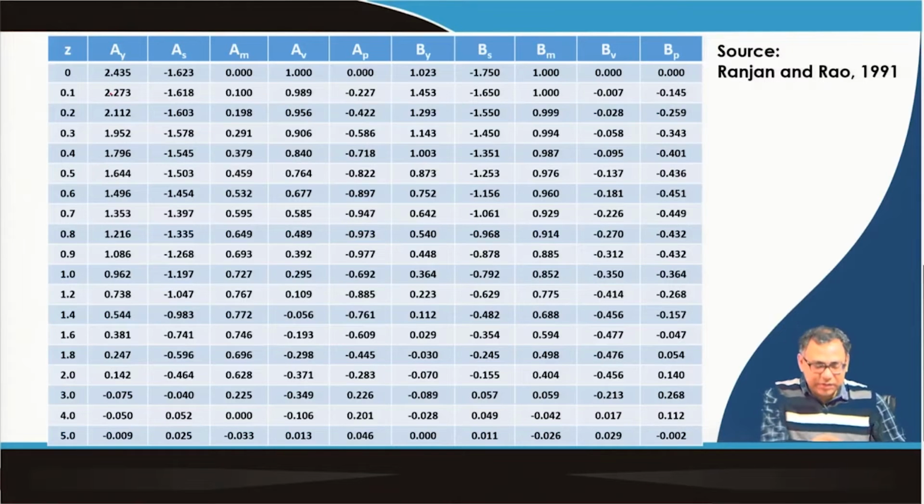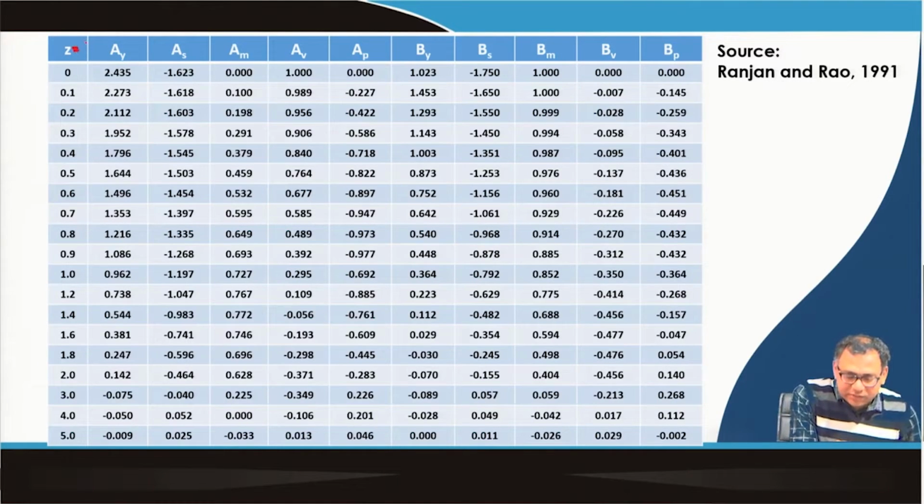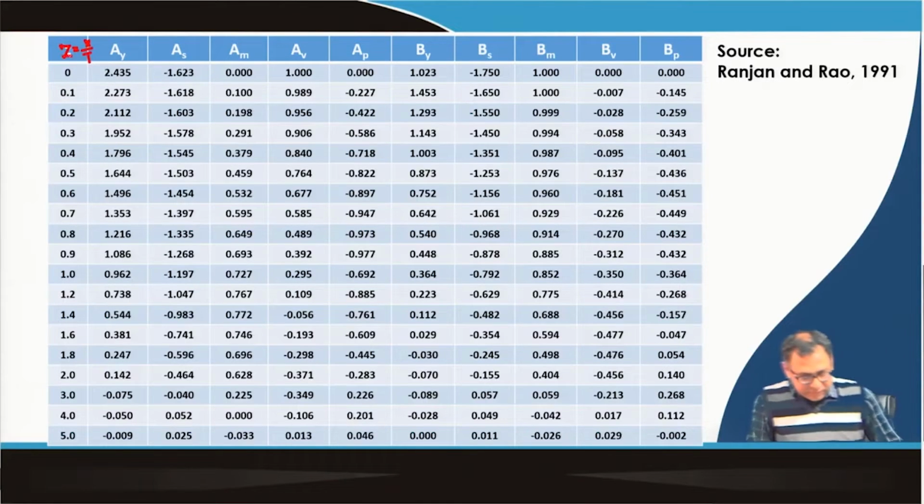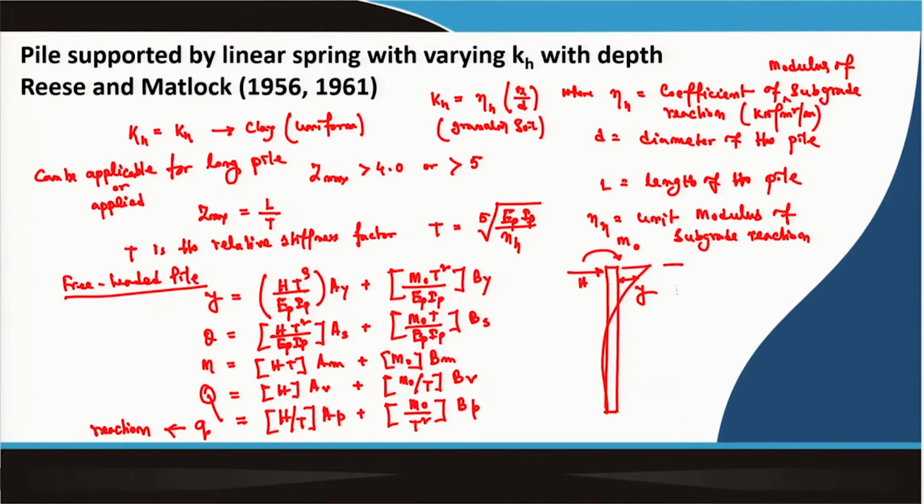this table. This table is given for different z values. Here this is the capital Z, which is basically the small z divided by t. So small z divided by t. These coefficients we can determine for different small z, where z is at any depth.